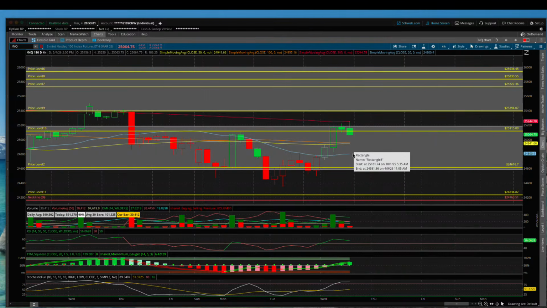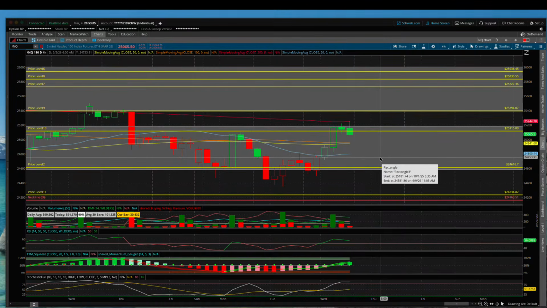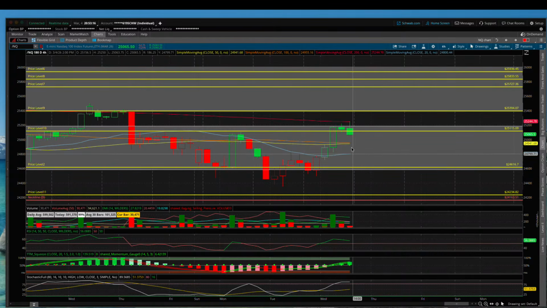If that doesn't hold, then 24,750 to 24,800 would be the area to buy. But that would make it super weak. So I think in order for this to work and for us to go higher, it needs to hold 24,940 to 24,950.